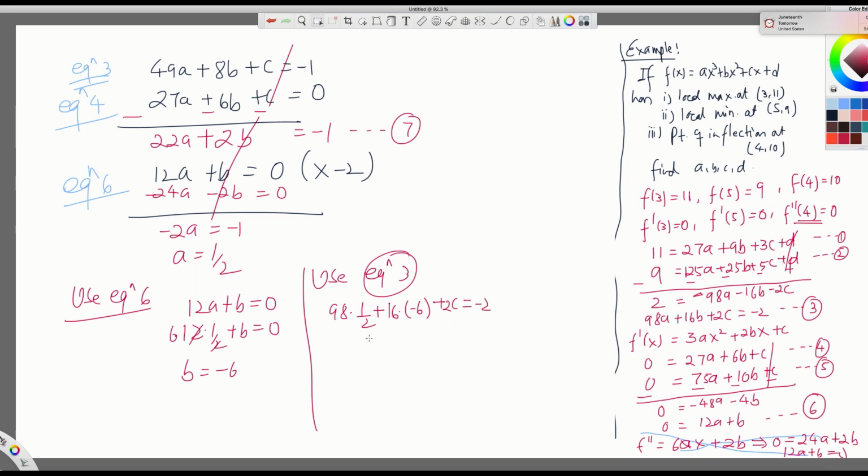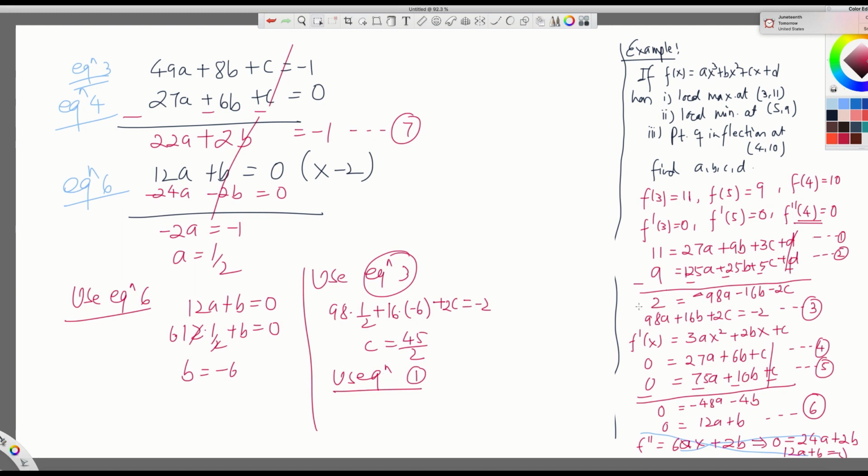So if you simplify this, you will get c equals to 45/2, and you use the value of a, b and c in equation number 1 to find out d, right? So if you use that, you will get d equals to negative 16.